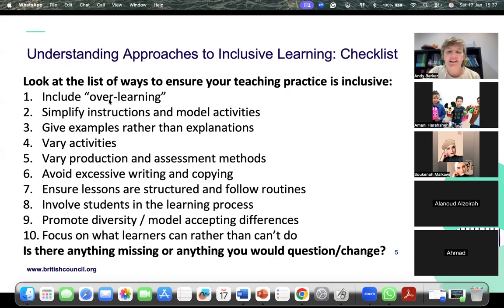Okay. Anything else you'd like to say about these ideas, these strategies for teaching? So, simplify instructions and model activities. Of course, make your instructions simple, short, and model it. You can get the best students to model it, or you can do it yourself. Yesterday, they had to make a paper presentation, and I prepared my own presentation beforehand and showed them what I wanted them to do, so they could just go and do it.